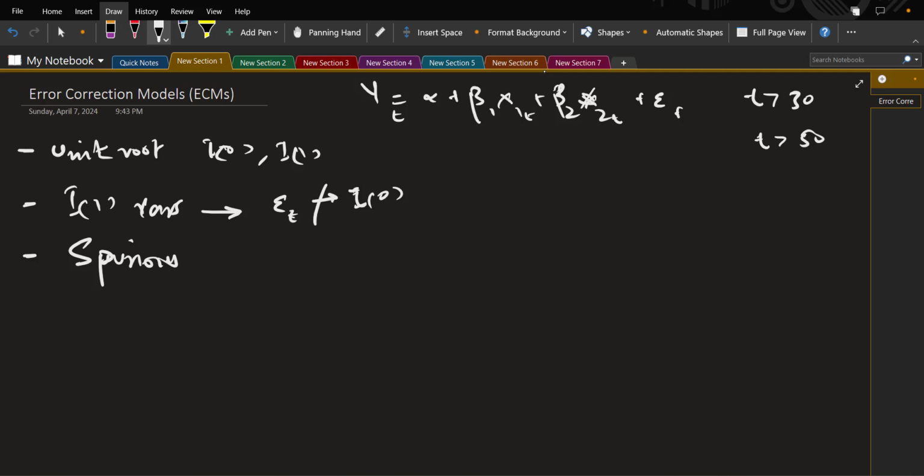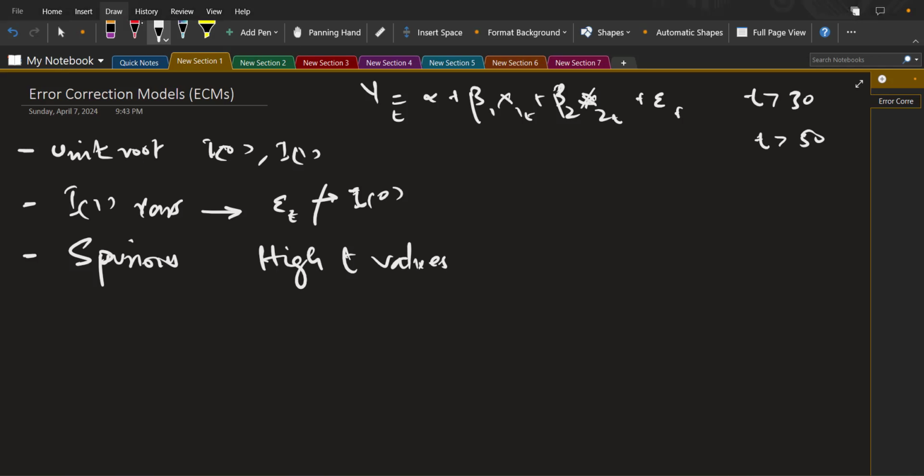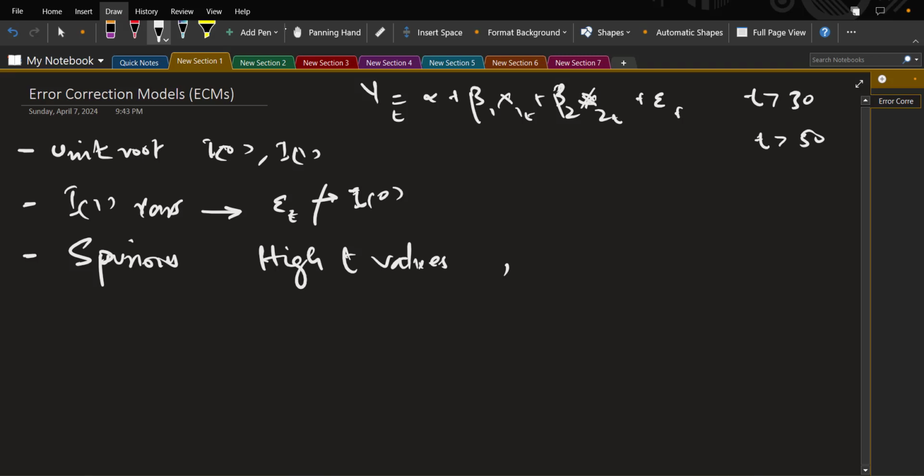Spurious equations are those which have a few symptoms, like high t values, so that readers may assume, wow, our equation is very good, the variables are highly significant. But the problem with a spurious equation is that the variables may look significant, yet it has a Durbin-Watson value smaller than r square.